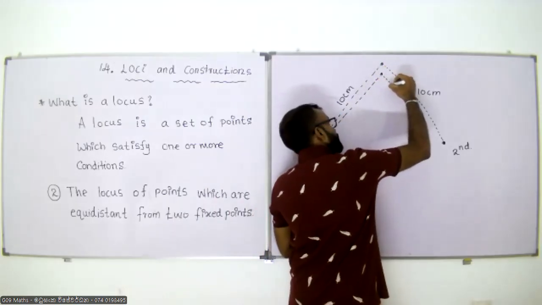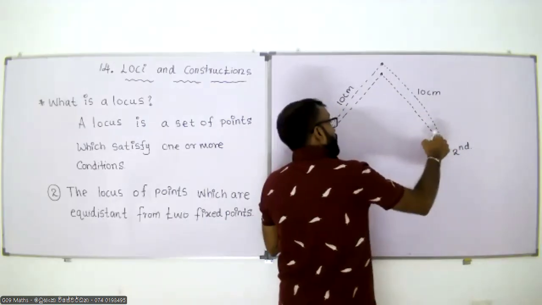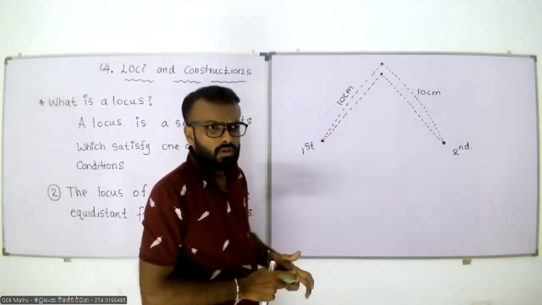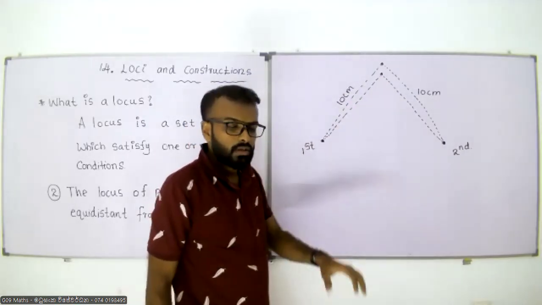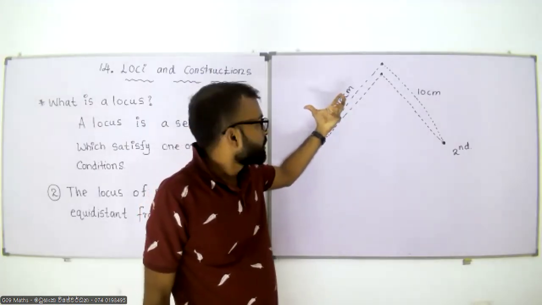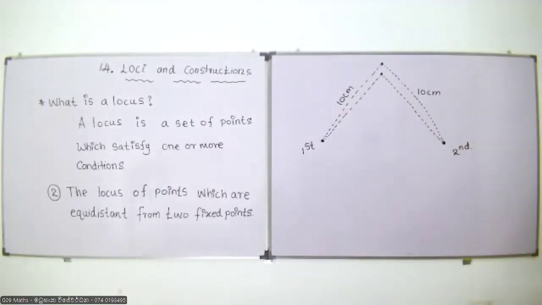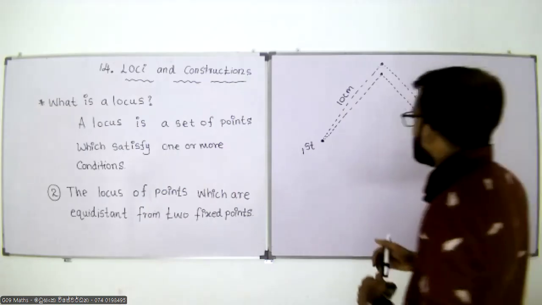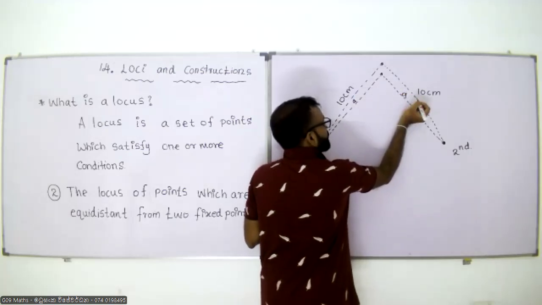Now, for an example, I'll tell you. First of all, I will ask you: what about this length and this length for the second point? Can you guess, by looking at it? Are they equal or not? Yes, equal. So I will say this is 9 centimeters and this one is 9 centimeters.